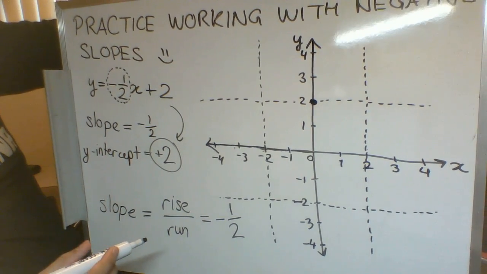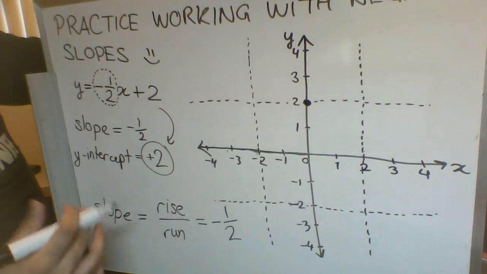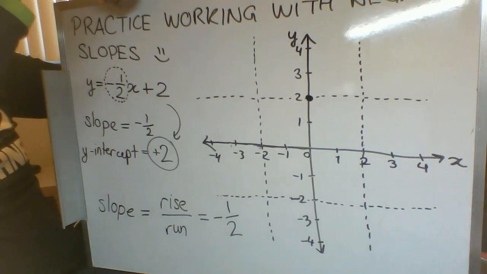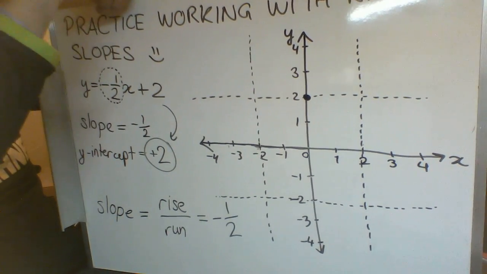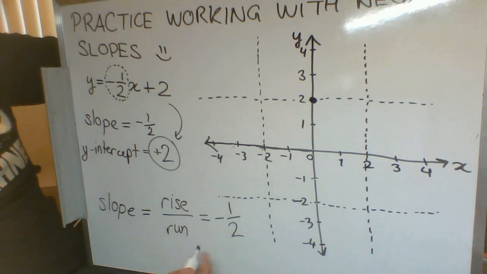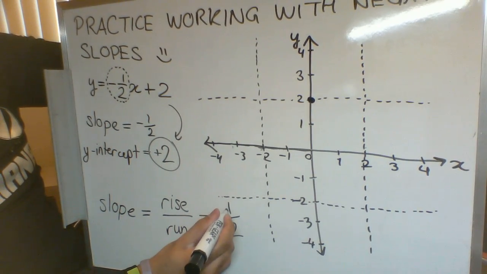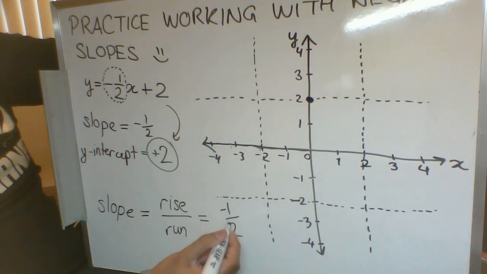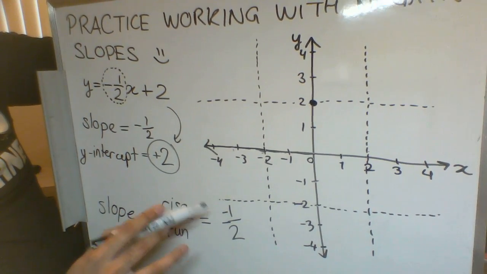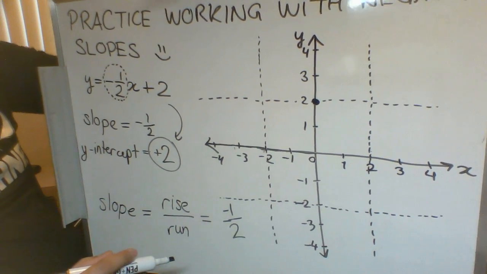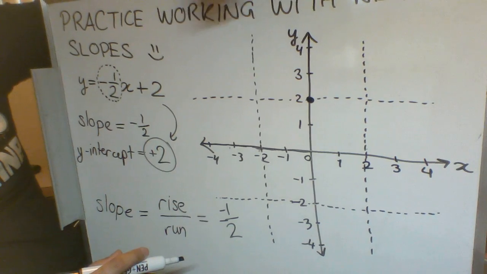The way I like to treat a negative slope is I always pretend the run is positive. I always treat the denominator as positive. So if I've got a fraction with a negative number in the denominator, I move the negative sign into the numerator, so that the denominator is definitely positive and the numerator is definitely negative, because that helps me figure out which direction I need to go from my starting point up here.